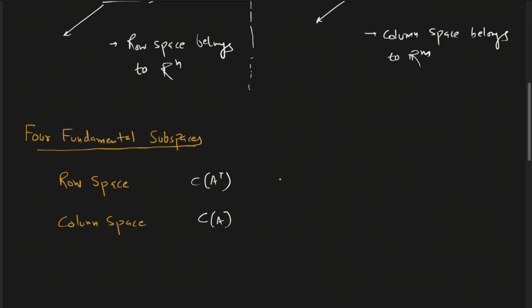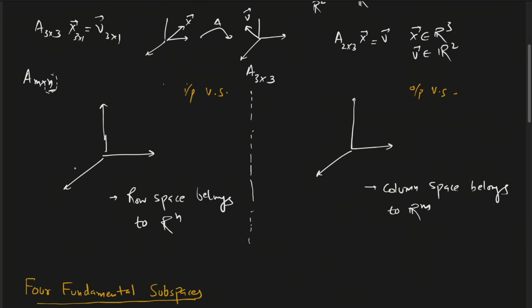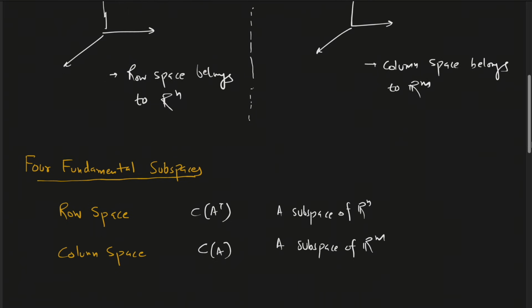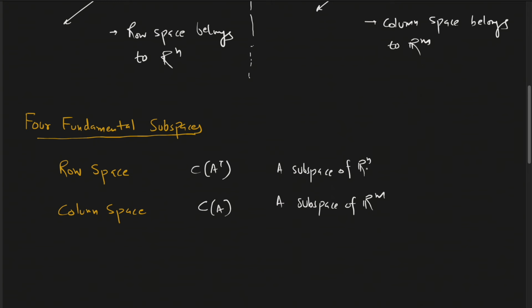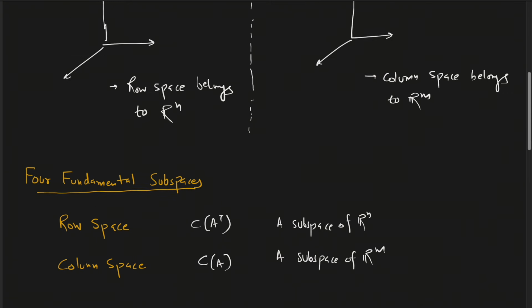So this is a subspace of Rn, because it belongs to the input vector space, and this is a subspace of Rm. This is what we have studied here. So this is a subspace of Rn, and this is a subspace of Rm.